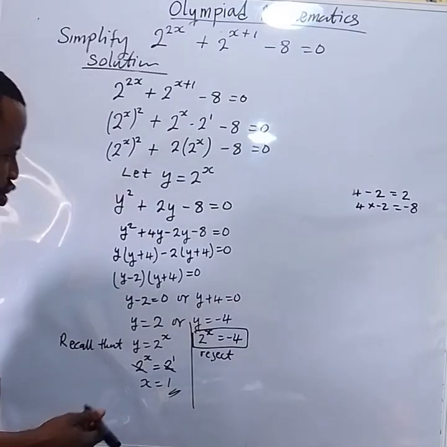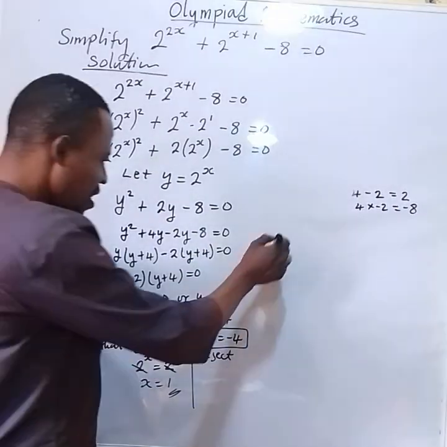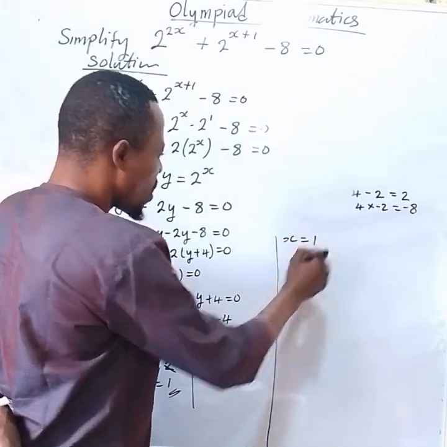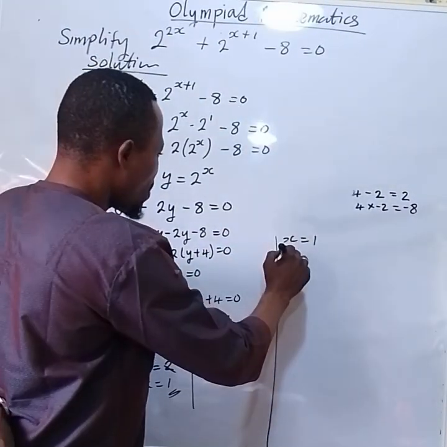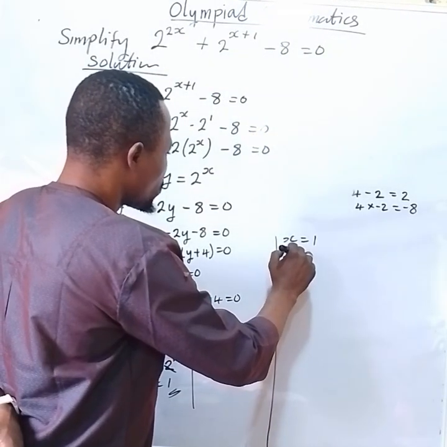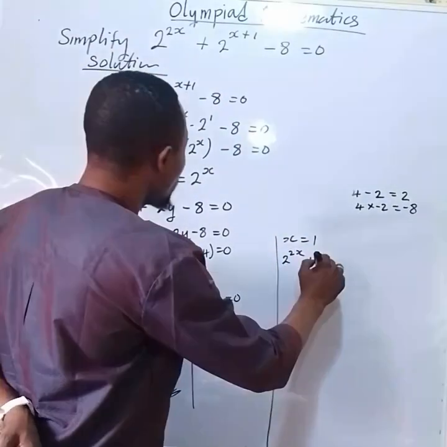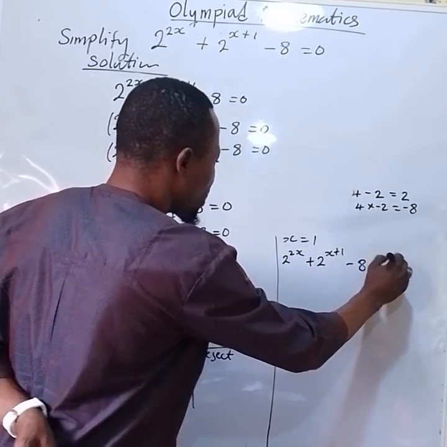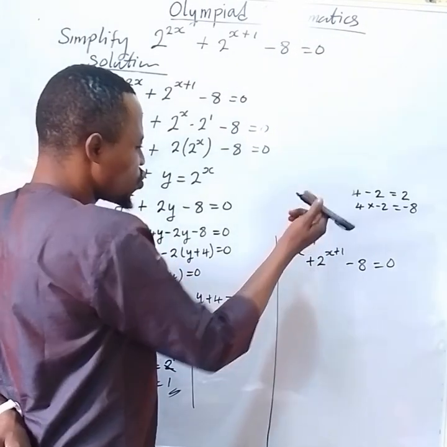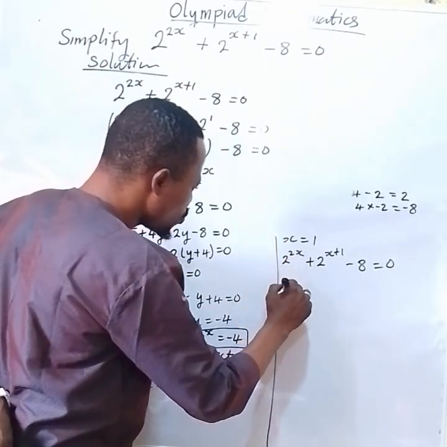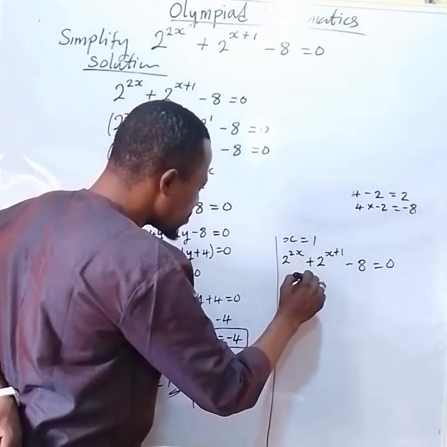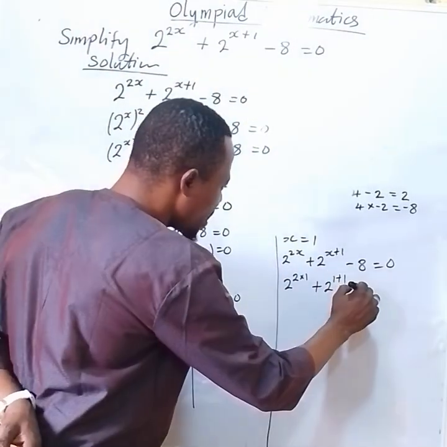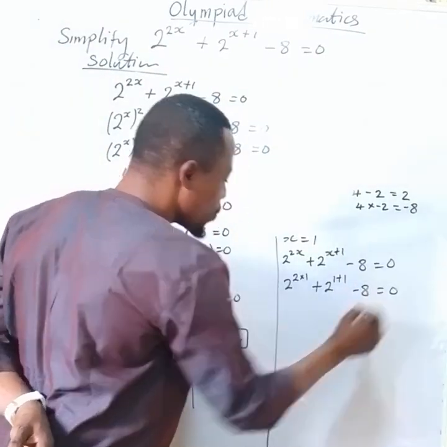So you now need to check to be sure whether you are right. We have x equals 1. So we go back to the question where we have 2 raised to power 2x plus 2 raised to power x plus 1 minus 8 equals 0. Now our x equals 1, which means we have 2 raised to power 2 times 1, plus 2 raised to power 1 plus 1, minus 8 equals 0.